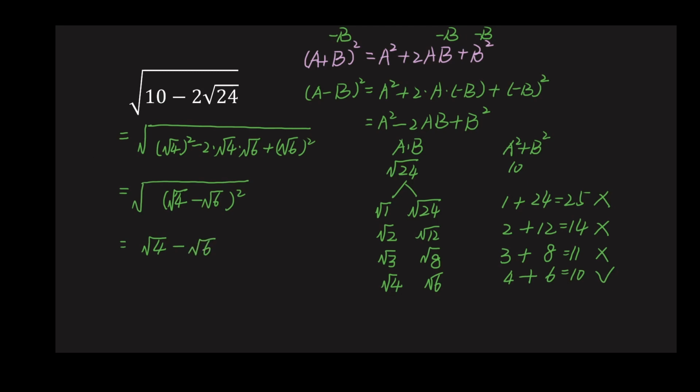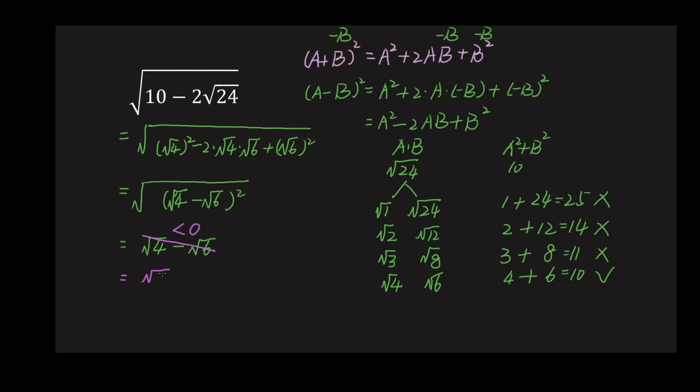And is this the right answer? Let's see. Square root of 4 is less than square root 6. So this is less than 0. But we know that the whole number is a non-negative number. So it's not the right answer. It should be the positive one.